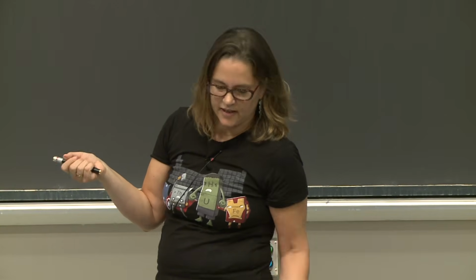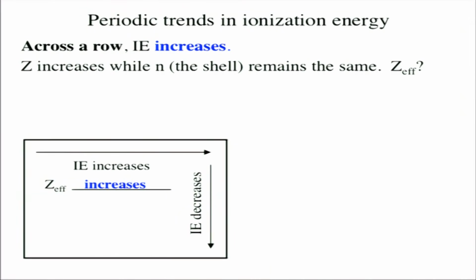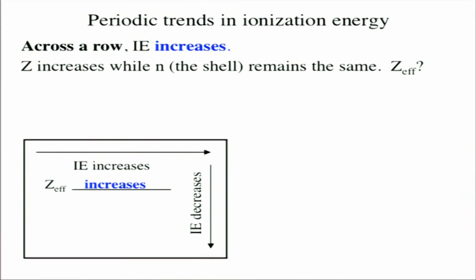Is it going to increase, decrease, or stay the same? It's going to increase. So Z effective will also increase. If every time you had total shielding of that added electron, then it might stay the same. But you're not going to have this extreme case of total shielding. So if Z increases, Z effective is also going to increase as you go across. And because N is staying the same, you have more or less the same distance from the nucleus. So you just have a stronger Z effective holding on to the electrons.